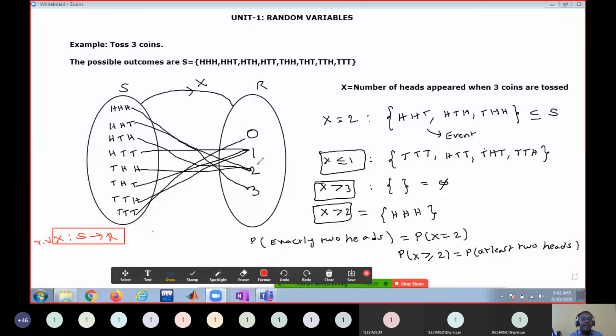Random variables are always denoted with capital letters, capital X, capital Y. In some books they use lowercase letters to denote the random variable. That is not correct. Lowercase letter is the value of the random variable and uppercase letter is the random variable actually. So always remember that random variables are to be denoted with uppercase letters.